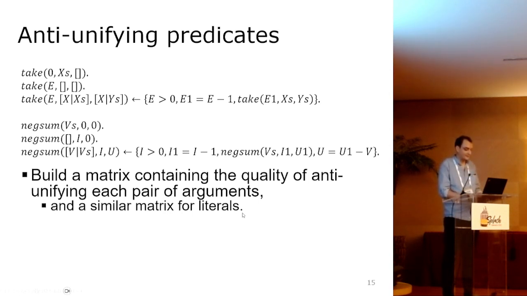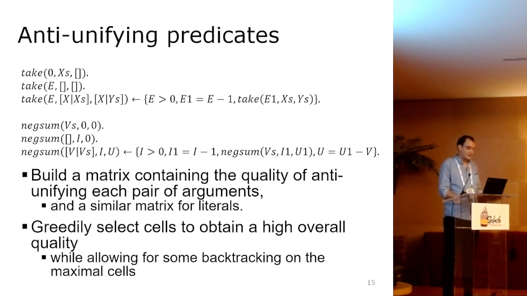And then we have a similar matrix for literals, because we also need to map the literals on one another. And then we greedily select the cells to obtain a high overall quality, while still allowing for some backtracking on the maximal cells. If we have, for example, two cells that are maximal quality-wise with a value of 10, we'll put those two cells on a stack and explore the two possibilities.